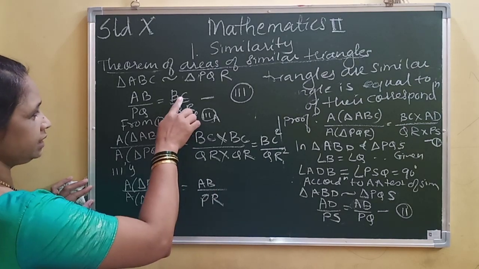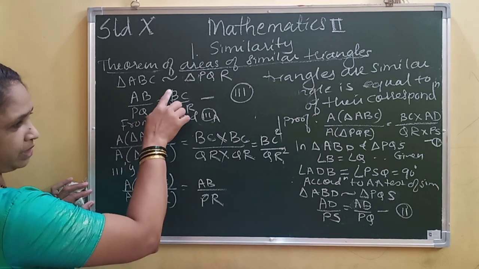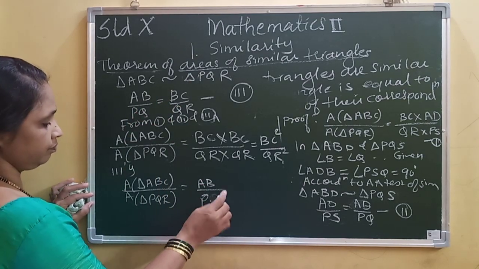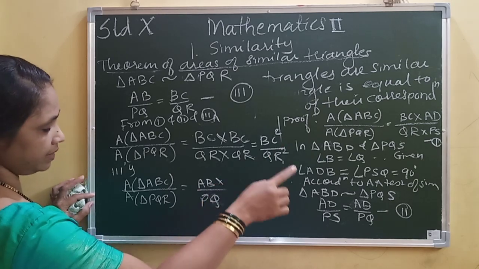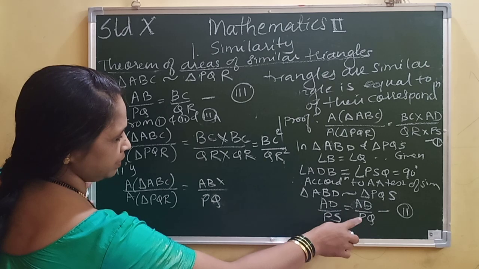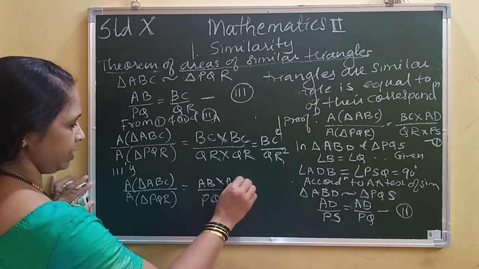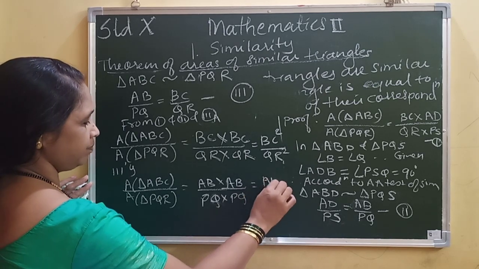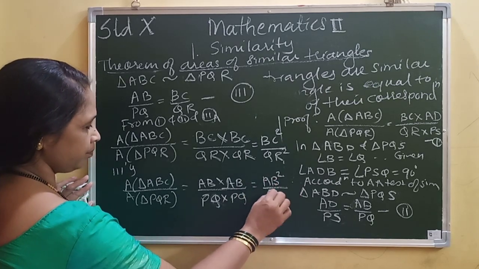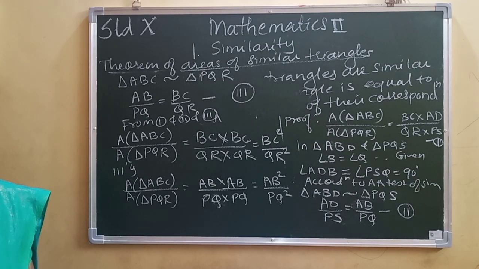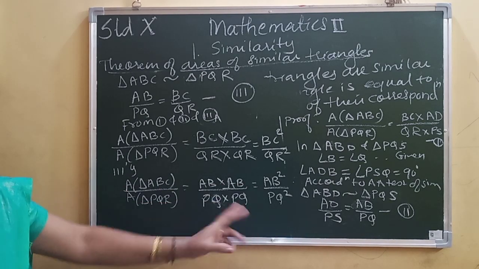BC upon QR is AB upon PQ. And AD upon PS is AB upon PQ. So it will be AB square upon PQ square. Follow? Now like this we will get the third side also.